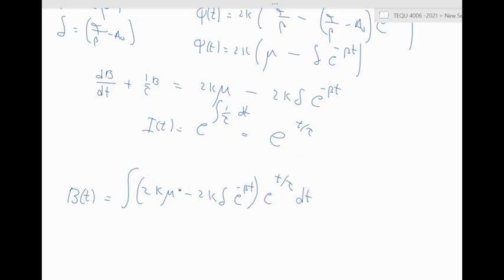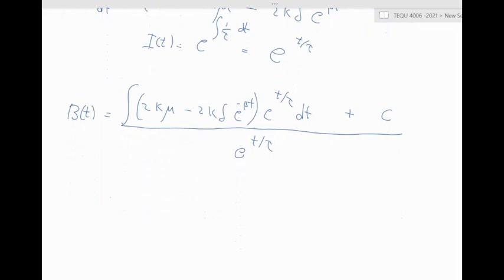So we need to integrate all that, and that's the integration factor, plus a constant c, everything divided by the integration factor, by definition e to the t over tau.